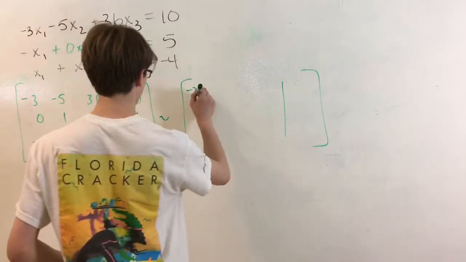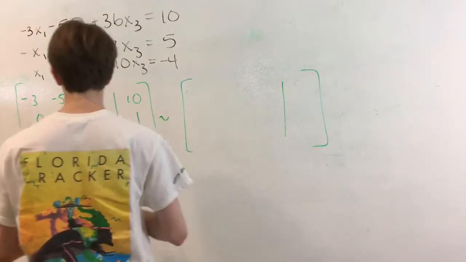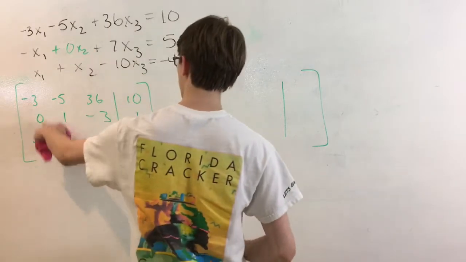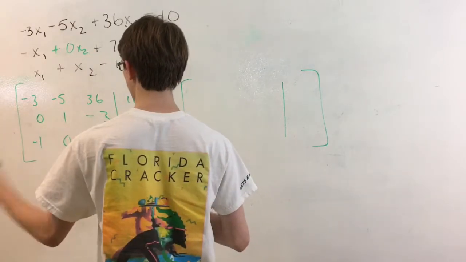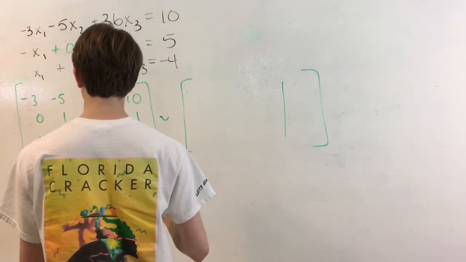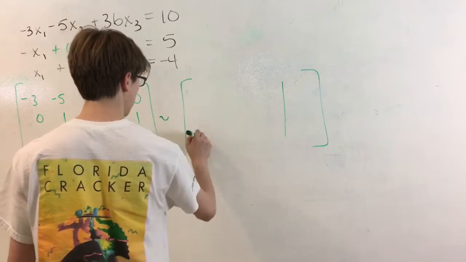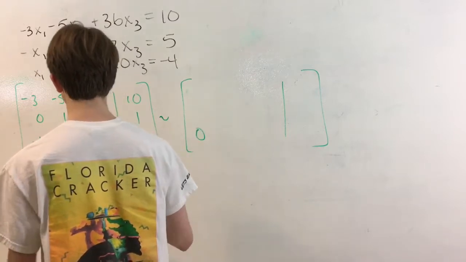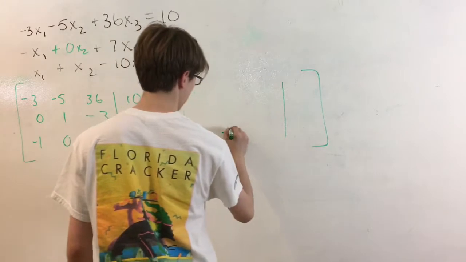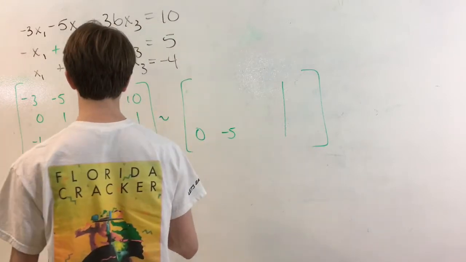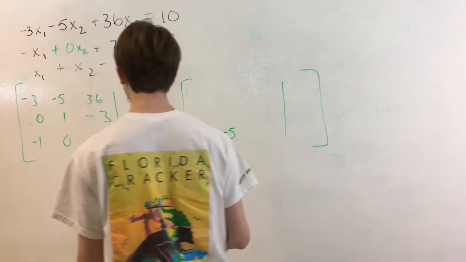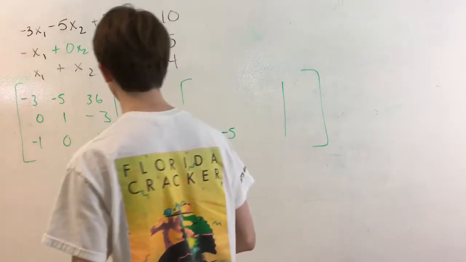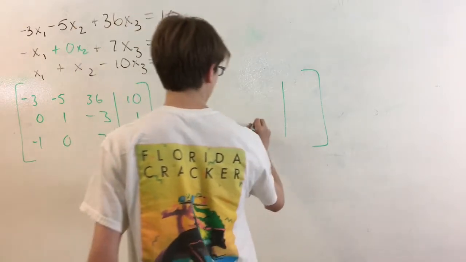Let's actually do that first. So negative 1 times negative 3 is 3 plus negative 3, 0. 0 times anything is 0 plus negative 5, negative 5. 7 times negative 3 is negative 21. Negative 21 plus 36 is 15.